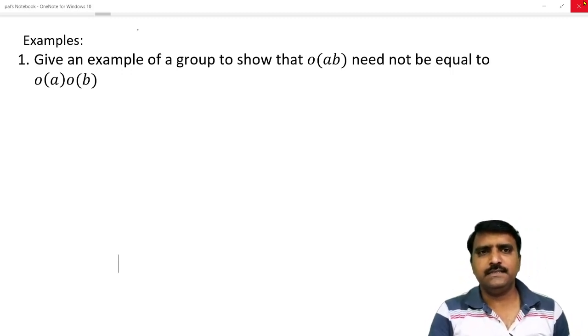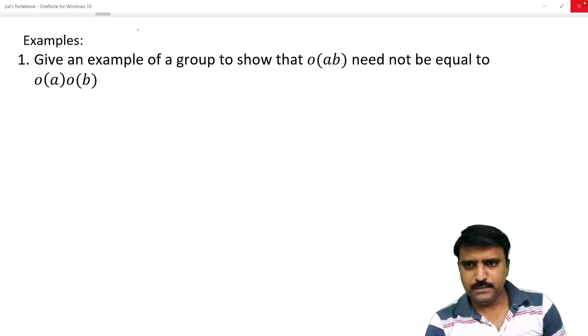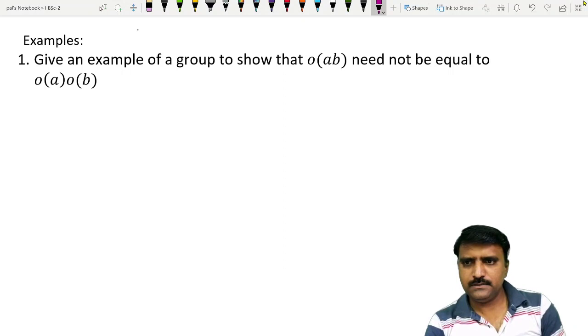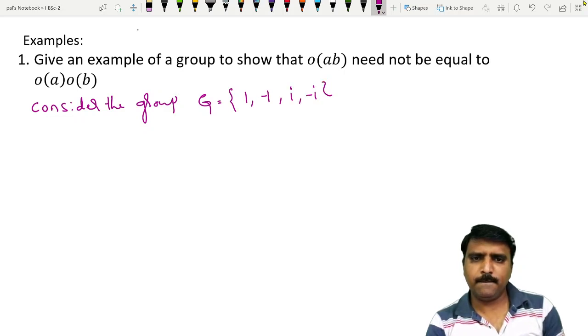So consider this group, fourth root of unity. Just consider the group G is equal to {1, minus 1, I, minus I}.